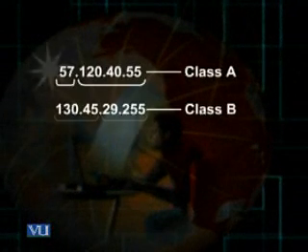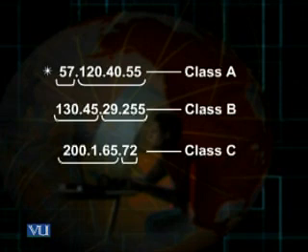In the top row, you see there is a class A type IP address starting with 57, then 120, 40, 55. 57 indicates the class A network, and 120, 40, 55, these 3 numbers refer to a host machine on this type of network.